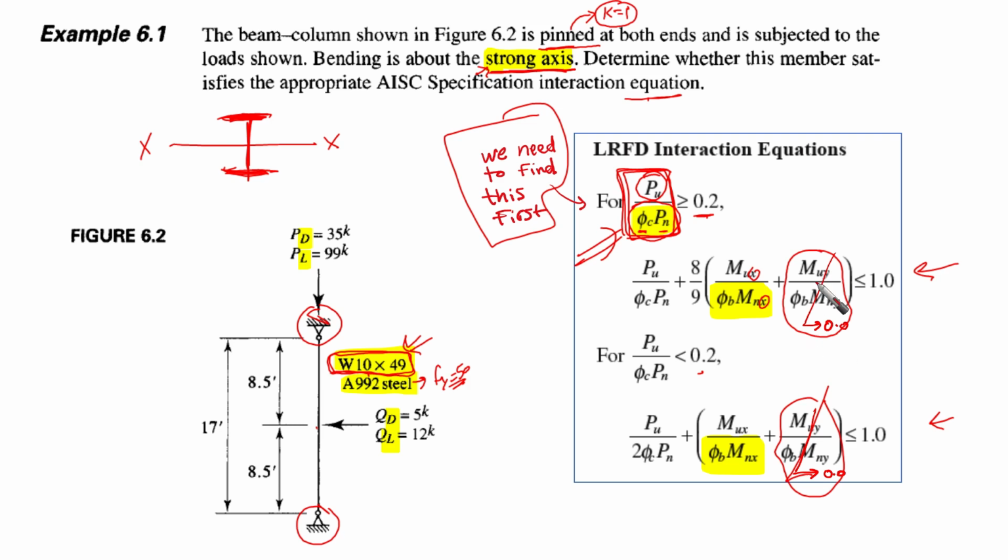So this is the strategy of the solution: finding this term and then determining the equation that is going to be used, and then we're going to find Mn after that, and Mr, which is the required moment. Already we know how to obtain the required moment from the applied load on the system.